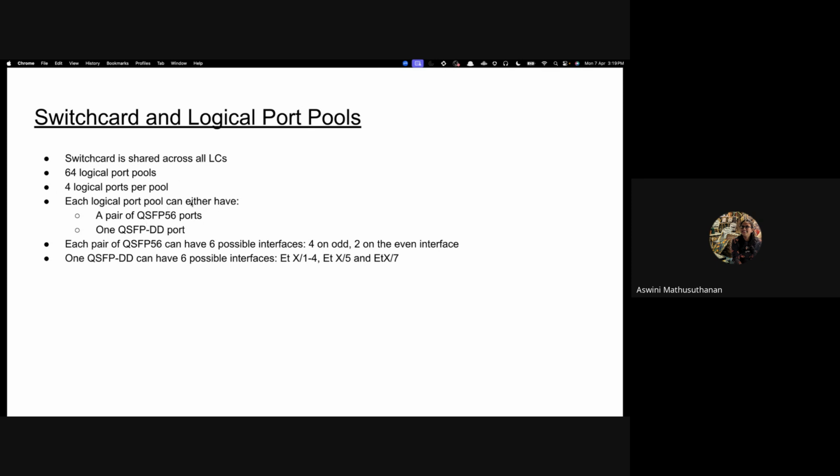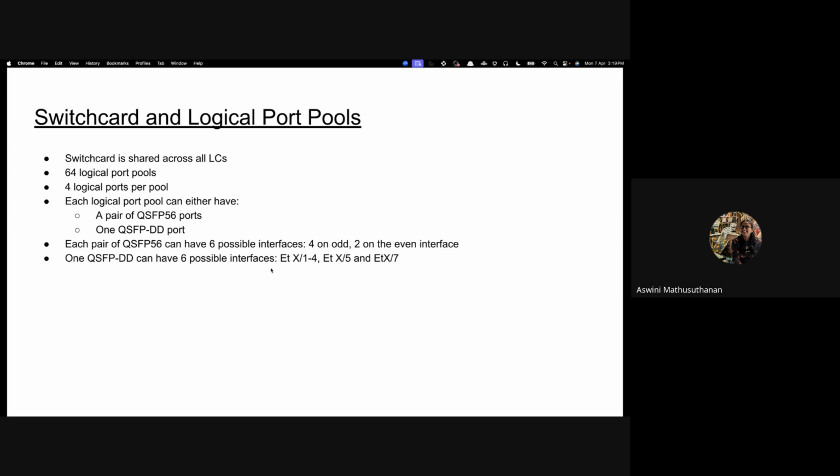And again, as I reiterated, it is a pair of QSFP 56 ports in the 16 line card model, and one QSFP DD port straightly mapped to the core in the 8 line card model. Each pair of 56, as I said, on the odd side it is 4 now, and on the even side of the interface it is 2. So 6 possible interfaces are there.